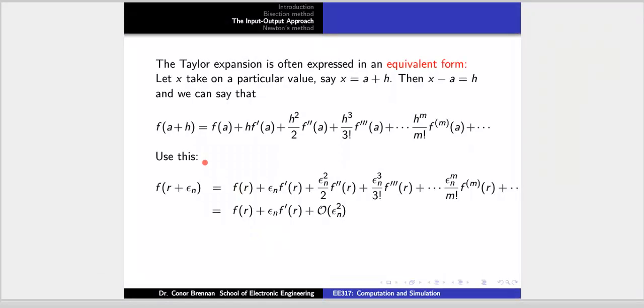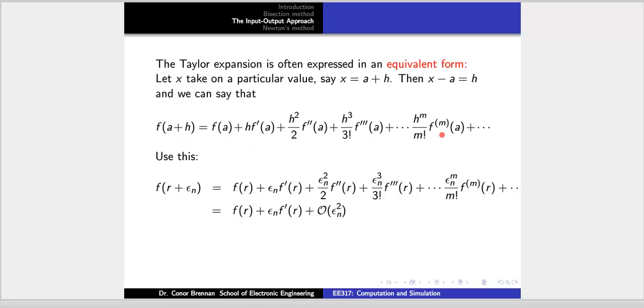Okay. Well, we'd like to be able to say something about f of alpha plus epsilon n. Well, f of alpha plus epsilon n is something of this form. And we can therefore expand it using a Taylor series.